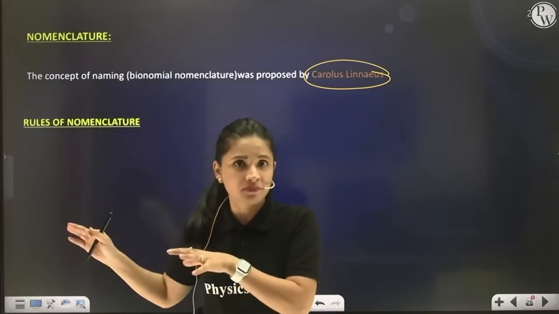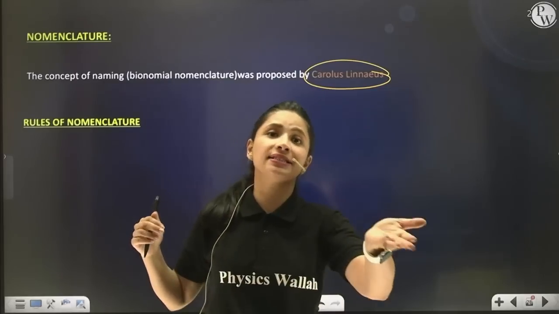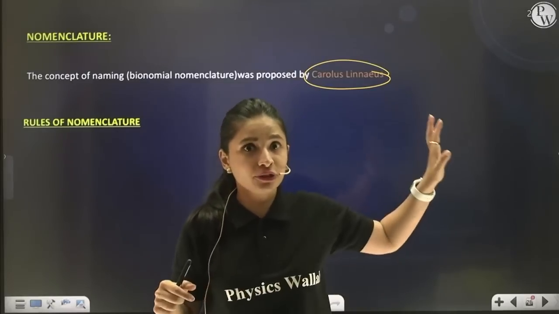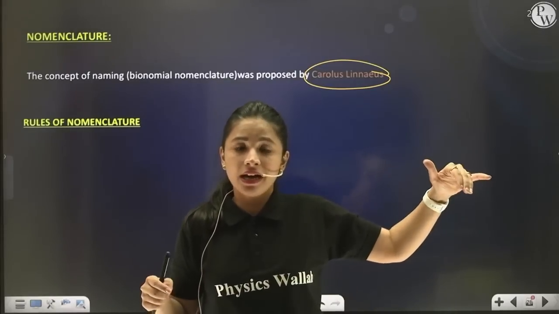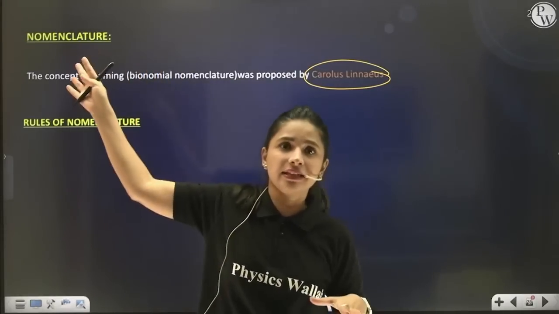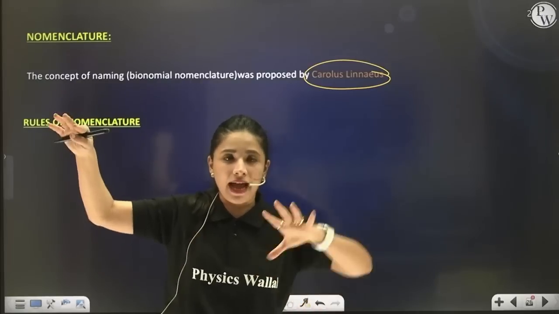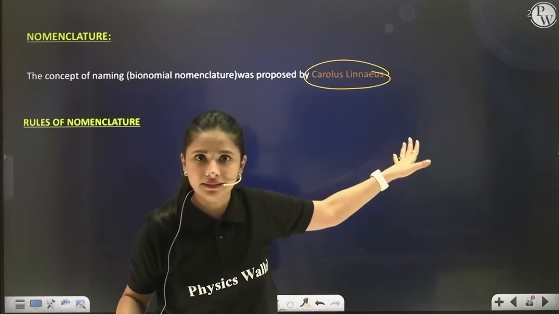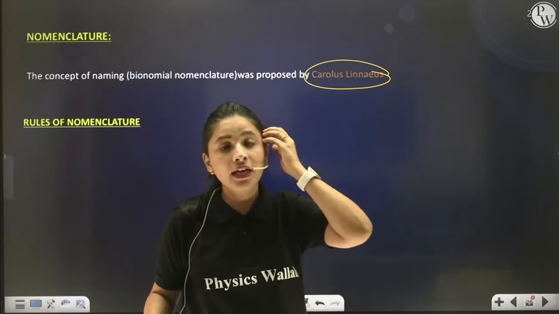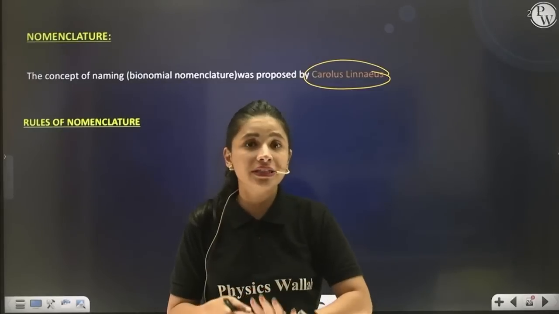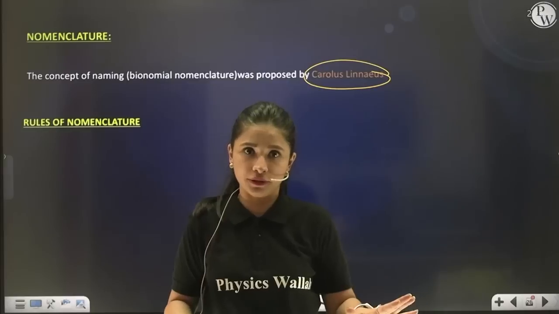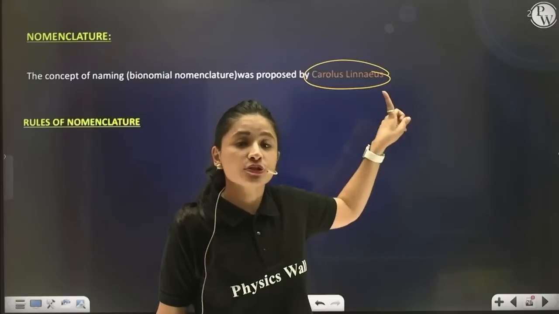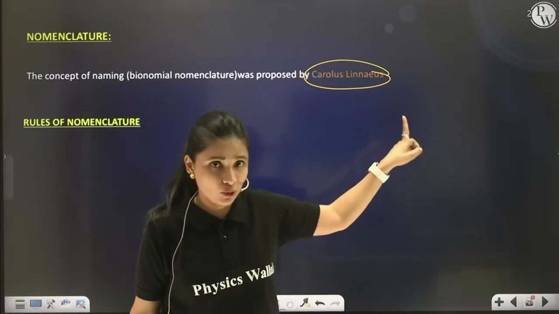This name is going to come even in the next chapter when I will teach you biological classification. So you have to remember this name. He is a scientist of the classical era, of the Aristotle era, this fellow Carolus Linnaeus. And this fellow is very, very important in biology. He has given some great contributions. He is also known as father of taxonomy. Remember, I told you? Yes.